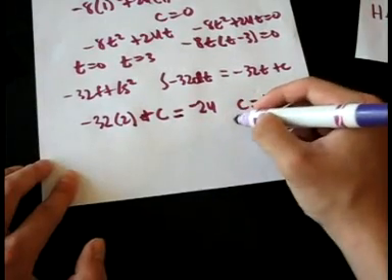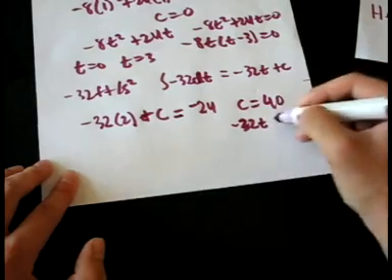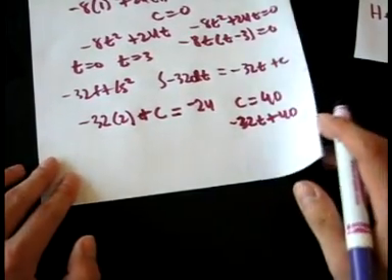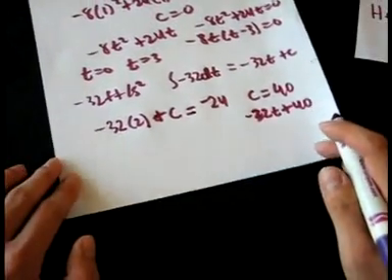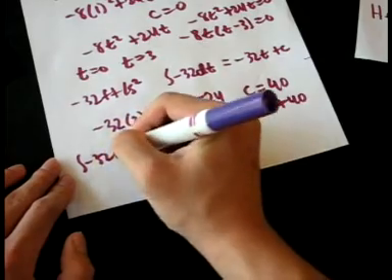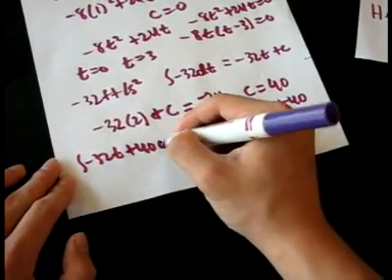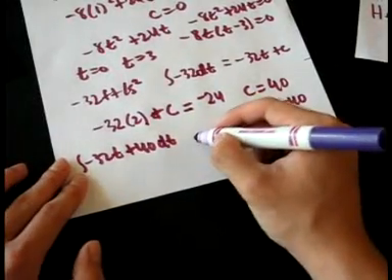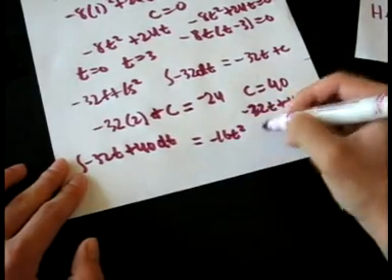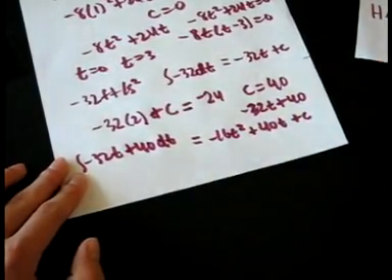So the velocity function becomes negative 32t plus 40. To get the position function from here, you just take the antiderivative again: the integral of negative 32t plus 40 dt, which would equal negative 16t squared plus 40t plus c.